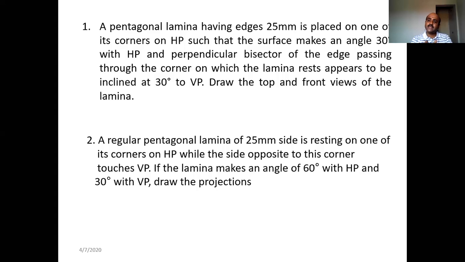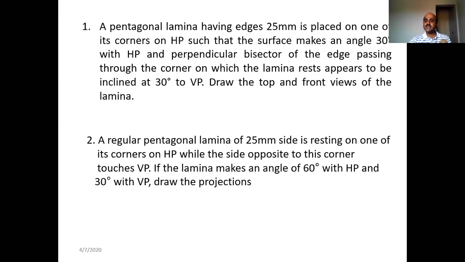If any lamina makes an angle of theta with respect to HP, definitely it will make an angle of 90 minus theta with respect to VP. So if the surface of the lamina makes 60 degrees with HP, meaning theta is 60, then 90 minus 60 is 30 degrees with respect to VP. Therefore the 30 degrees with VP is default.